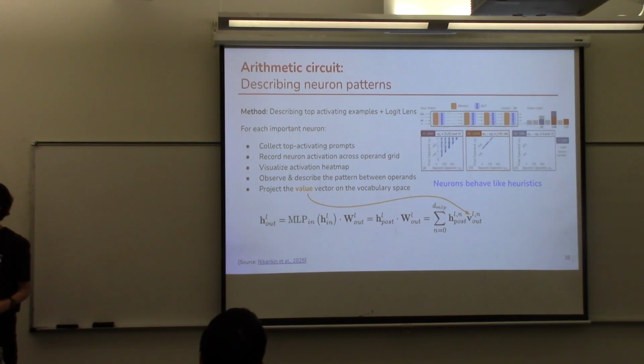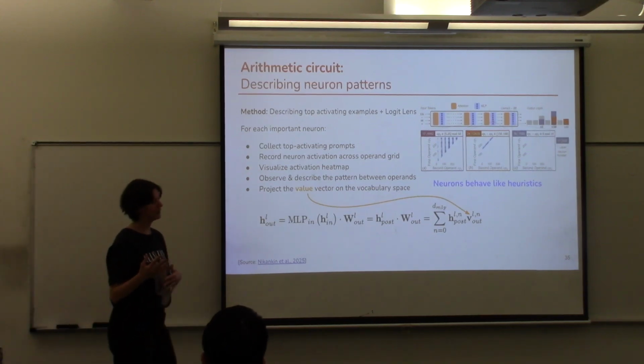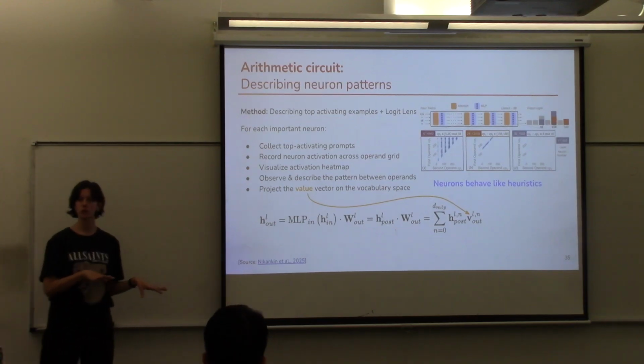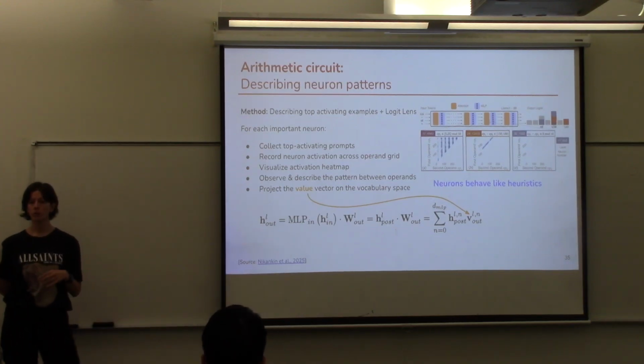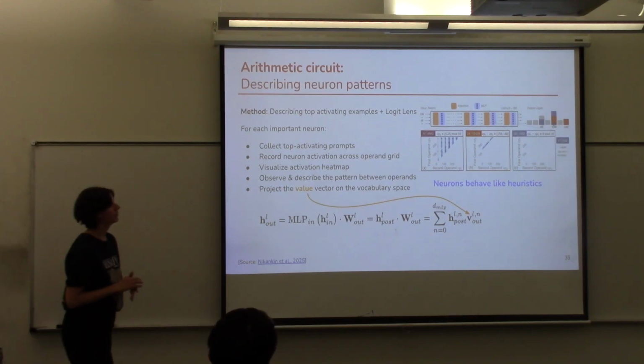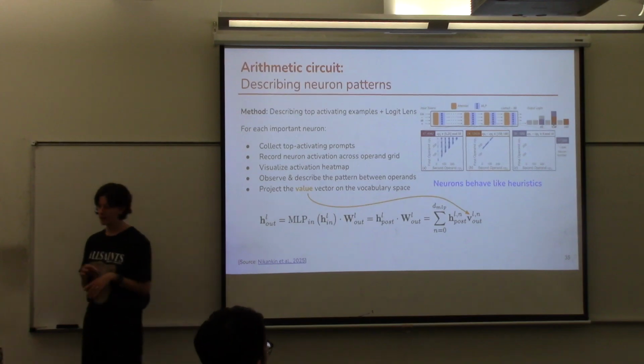And this is where they use logit lens, where they take that neuron, they take the unembedding matrix, and they manage to see which of the tokens will be promoted or depromoted by this neuron. And we see here that if the difference between these two operands is in the range of between 150 and 180, then it promotes 158 as the answer.